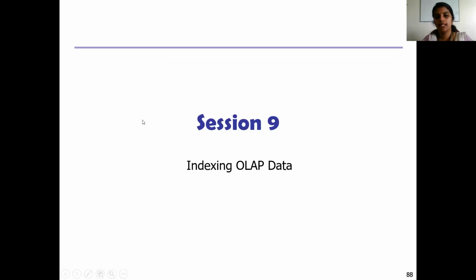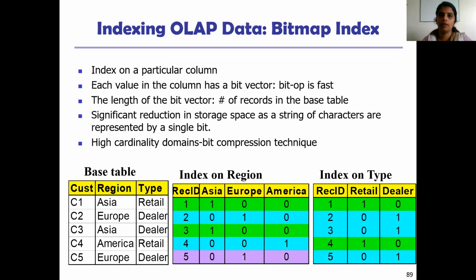Today we'll be seeing about indexing of OLAP data. You can have 2 types of indexes for OLAP data. First is the Bitmap Index and the second is the Join Index. Let's first see what a Bitmap Index is. A Bitmap Index is done by indexing on a particular column.